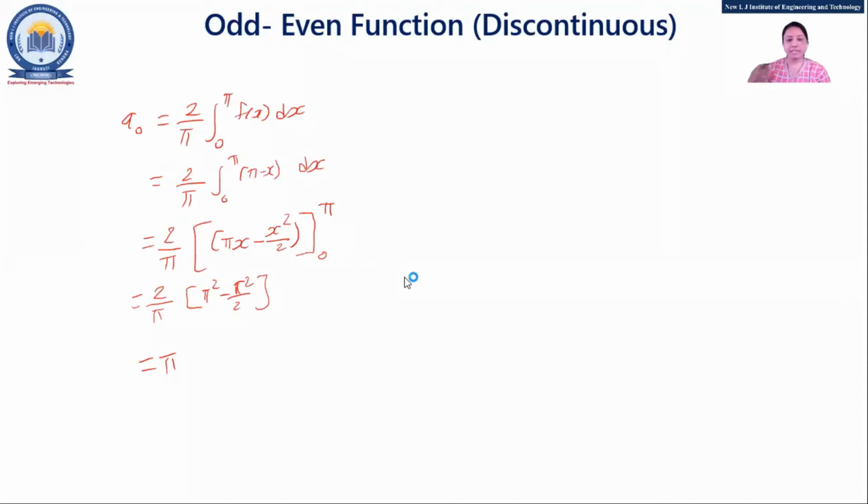When you are writing the series, f(x) equal to a0 by 2, you will get pi by 2. And if you have taken a0 in the equation, you have to consider the 2, so the answer of a0 itself is pi by 2. Clear?